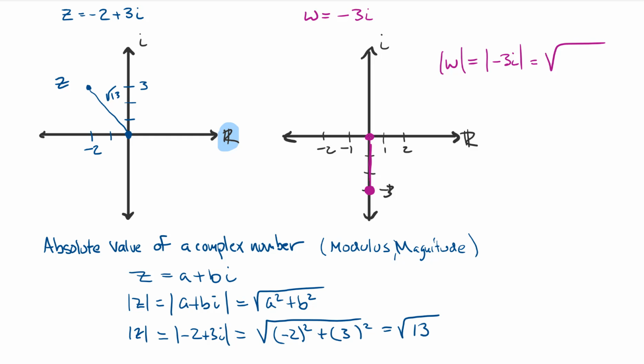So this is going to be the square root of 0 squared plus, just bring the 3, don't bring the i. And you get the square root of 9, which is equal to 3. So this is how we're going to plot, and this is how we're going to find the distances between the two.